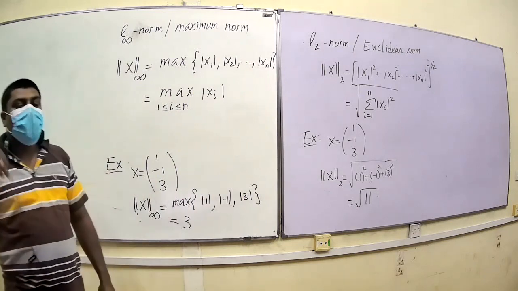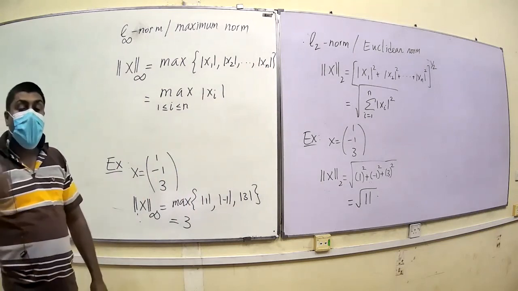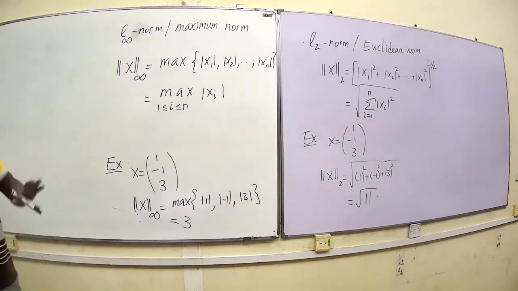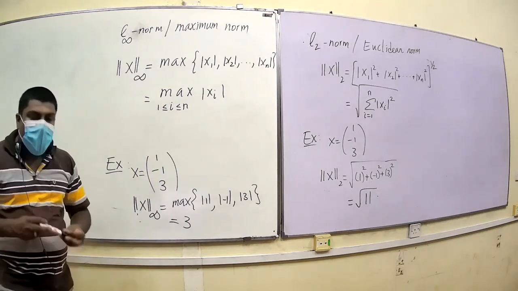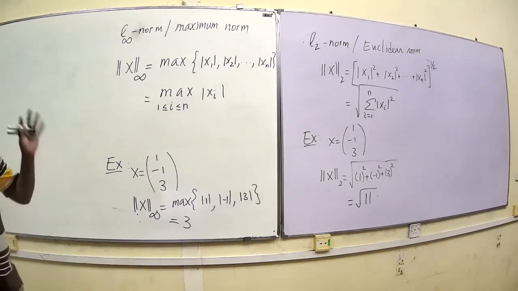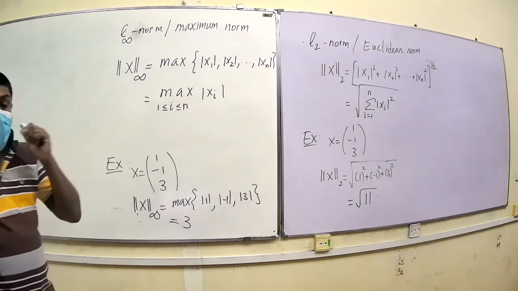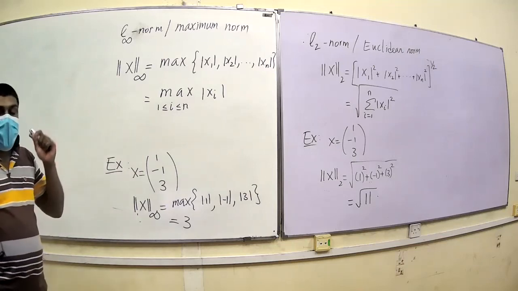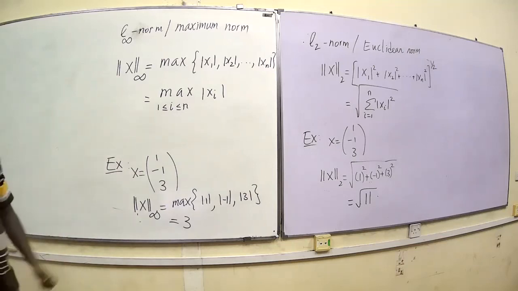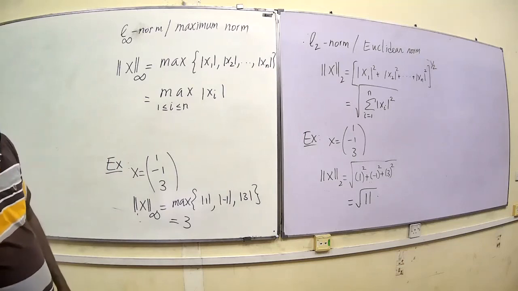For a matrix you will have a different norm called the matrix norm. So in the next class we will define what we mean by a matrix norm, and then based on that we will try to estimate the absolute error and the relative error. So I will talk about that in the next class.